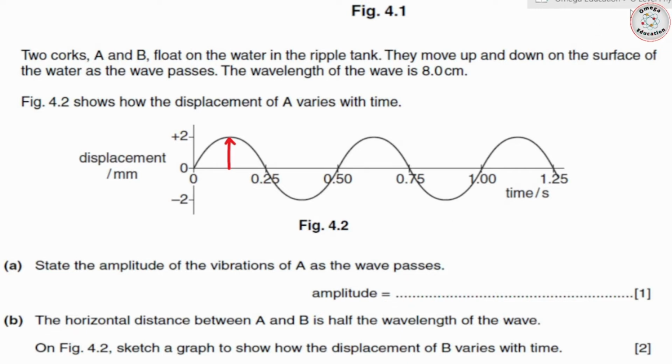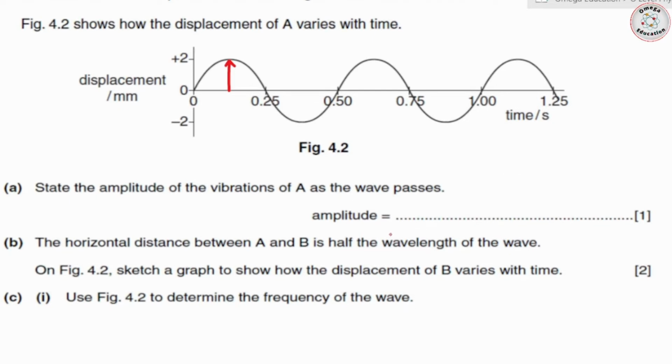This is how we define amplitude. So the amplitude in that case would be 2 followed by the units that we note from here, and in that case, the unit is millimeters. If you want to convert it into meters, you can. Otherwise, you can just write it down as it is.